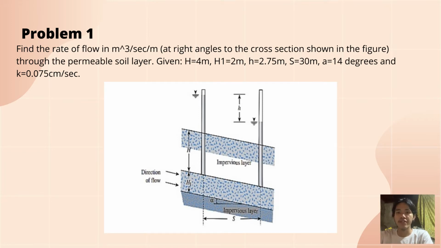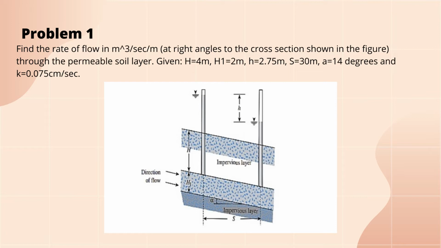Given H is equal to 4 meters, H1 is equal to 2 meters, small h that is 2.75 meters, S is equal to 30 meters, alpha is equal to 14 degrees, and k is equal to 0.075 centimeter per second.